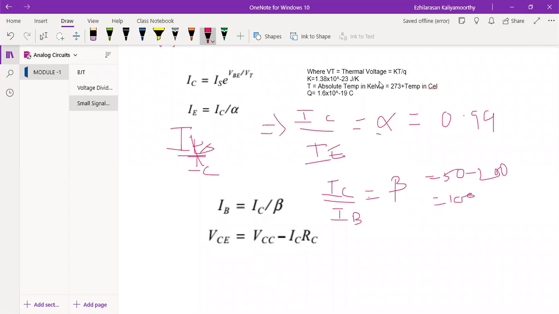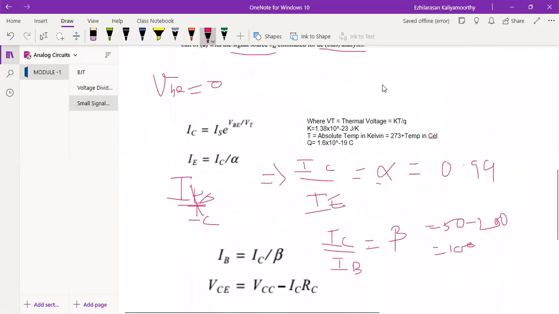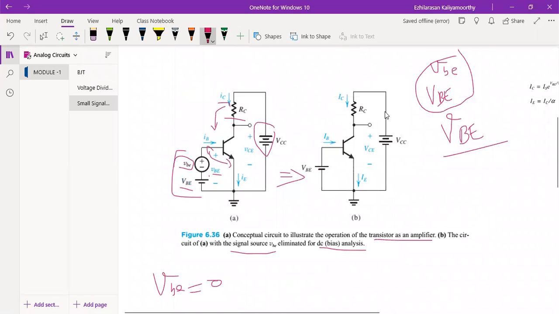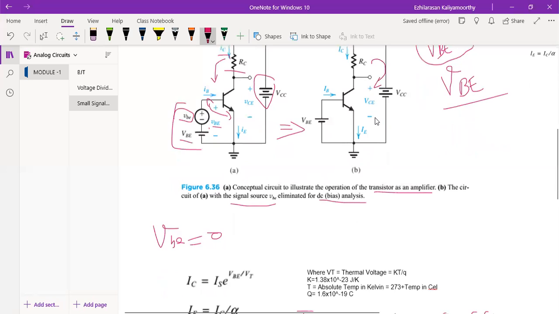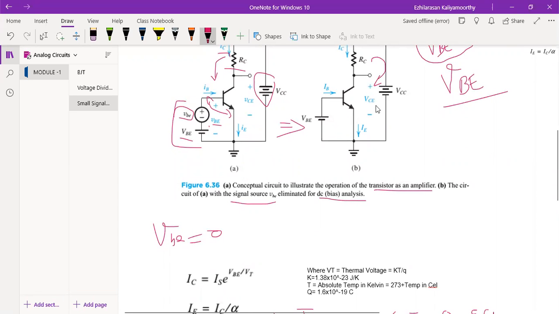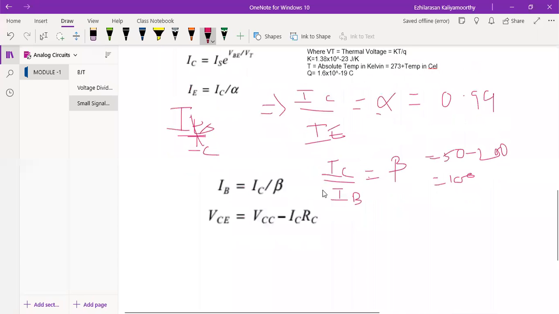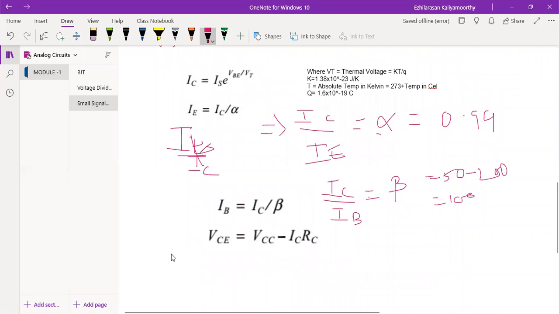So now let us apply Kirchhoff's voltage law, KVL, over this loop at the node VCC, to find out the output voltage. How can we write it? Initially the equation will be like this: VCC minus VCC plus IC RC.